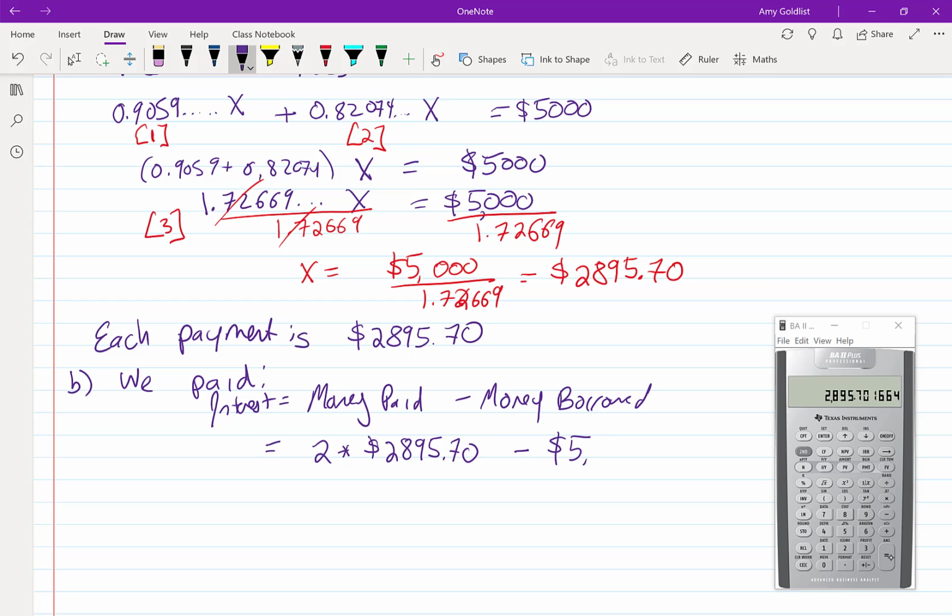We borrowed $5,000. So I'm going to clear this just so that I don't have to worry about those trailing decimal places, though if you use the decimal places, it's not the end of the world. Okay, we paid $791.40 in interest.